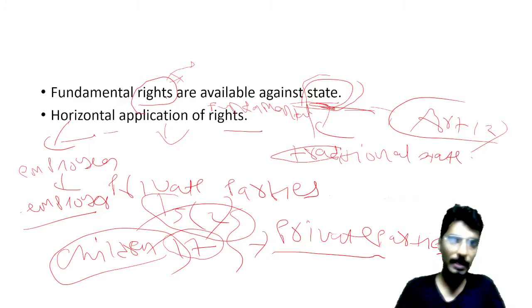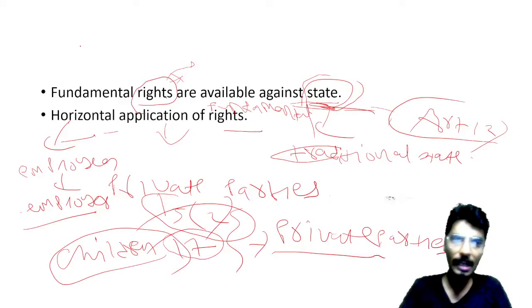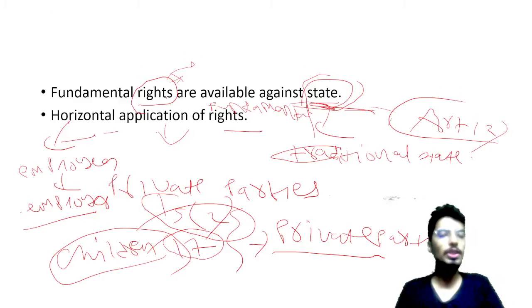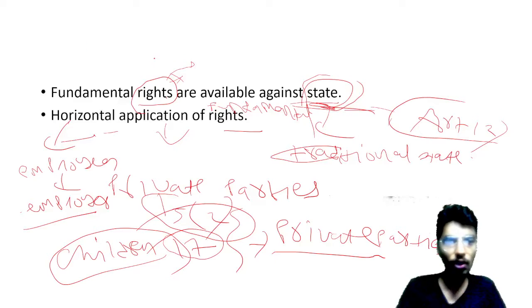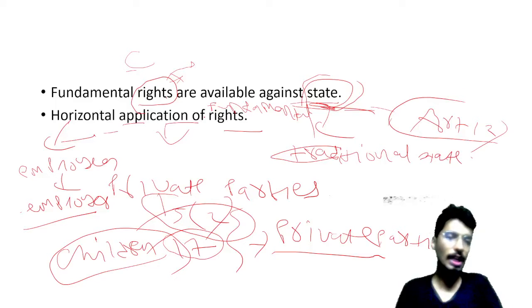Similarly, there is the landmark case of Vishaka versus State of Rajasthan, where the Supreme Court said that prevention of sexual harassment at the workplace is very important, and those are private offices, private parties, private entities, private individuals, but they will also be bound. So we can see that there are instances when fundamental rights can be claimed even against private parties.